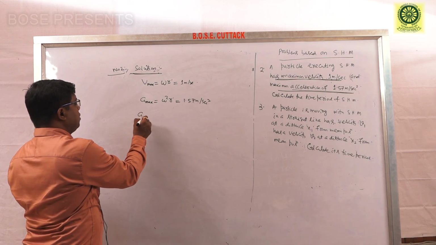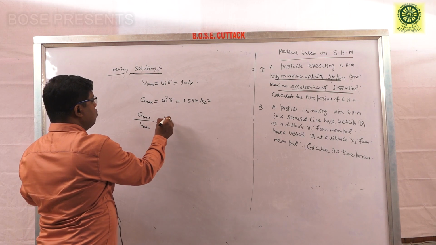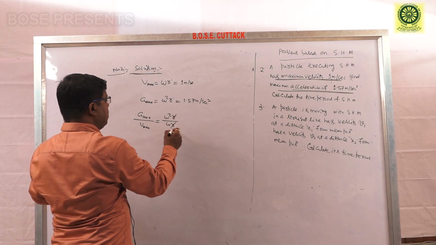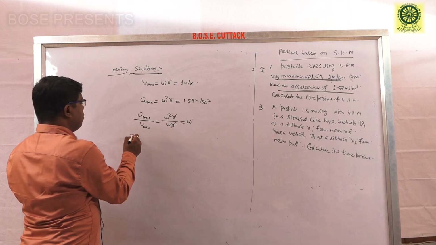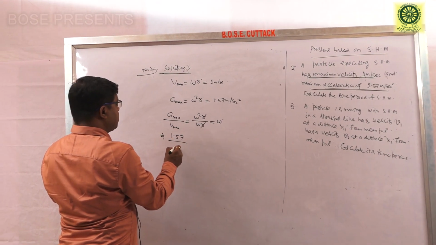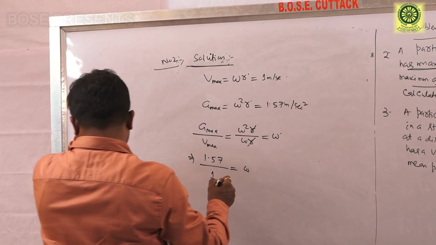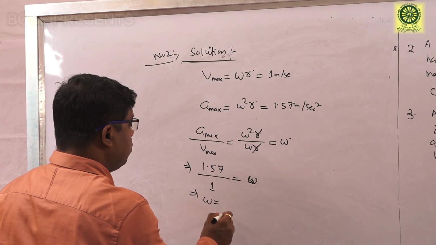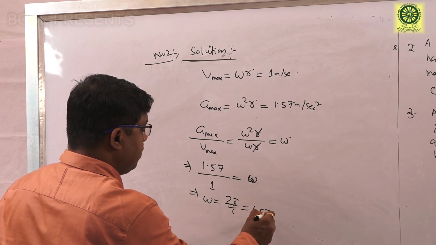Just divide: A max by V max is equal to omega square r by omega r. The r cancels, and this is omega. A max is 1.57 divided by V max, which is 1, so omega is equal to 1.57, which implies omega is equal to 2 pi by capital T is equal to 1.57.